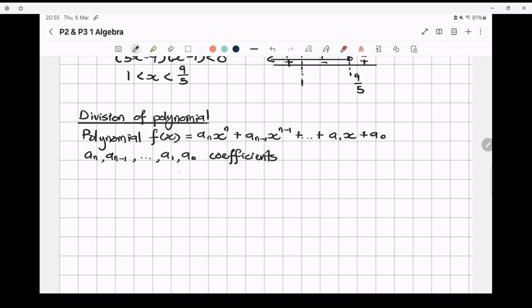The an is the one coupled with x with the highest power, so an is what we call the leading coefficient. N will be the highest power of x, and that is what we call the degree of the polynomial.